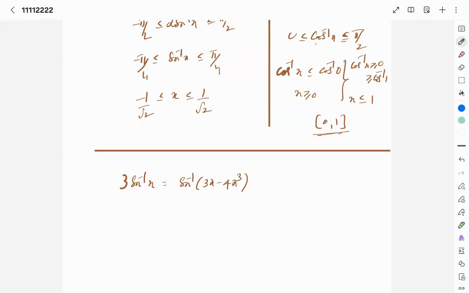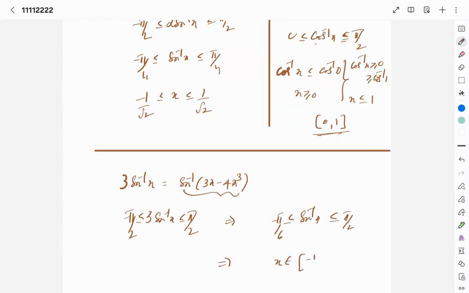Sir, minus 1 by 2 to 1 by 2. So 3 sin inverse x must lie between minus pi by 2 to pi by 2. It's a range. Sin inverse x lies between minus pi by 6 and pi by 6, which means x lies between minus half and plus half.